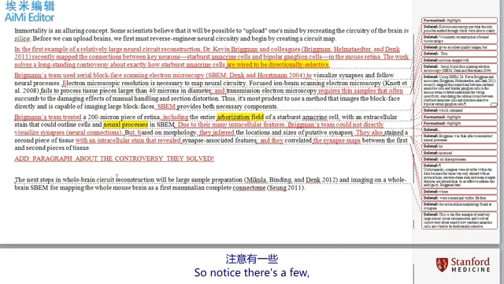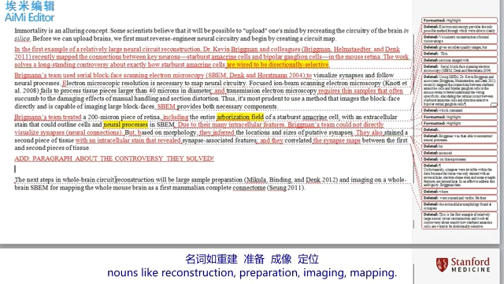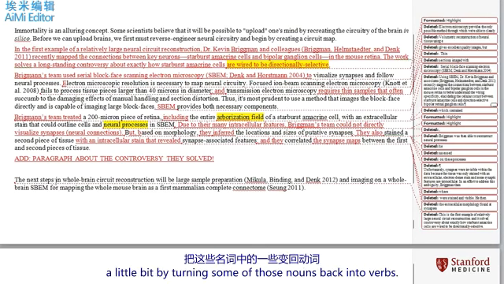So notice that the last sentence is a little bit academic, because we're getting a lot of nouns like reconstruction, preparation, imaging, mapping. Those are all nouns that could be verbs. So I thought we could streamline this a little bit by turning some of those nouns back into verbs.